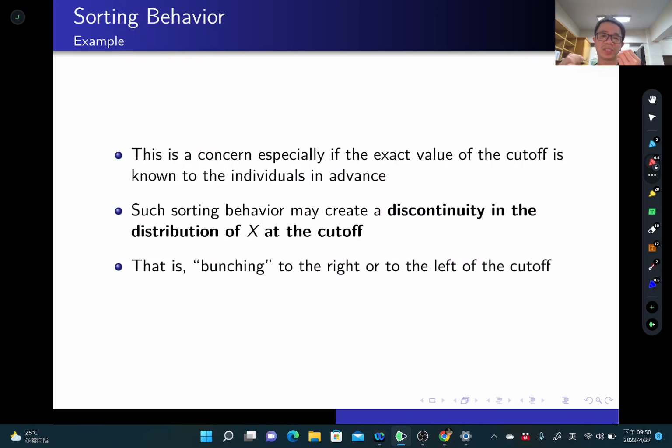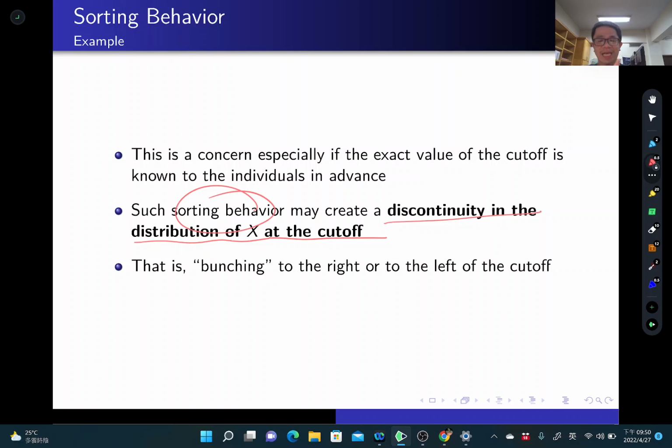So if such a thing happens, you will expect a lot of individuals might just stay around the cutoff, either just below the cutoff or just above the cutoff. So if such so-called sorting behavior happens, we should observe a discontinuity in the distribution of X at the cutoff.